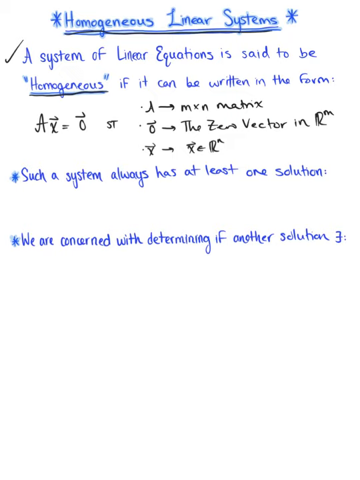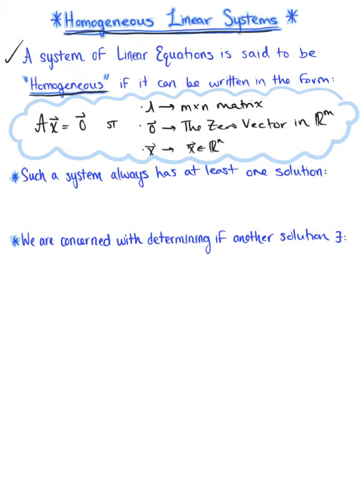So a system of linear equations is said to be homogeneous if we can write it in the form matrix A times vector x equals the zero vector. Now, homogeneous equations always have at least one solution. And I bet you can guess what that solution is. It's the zero vector.